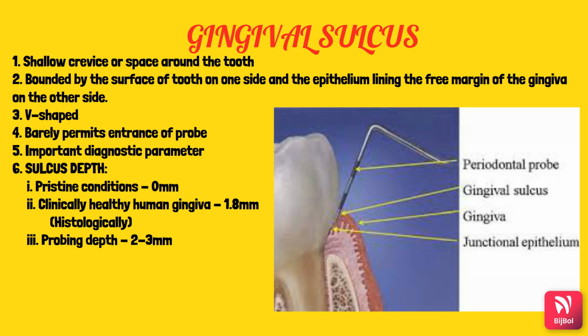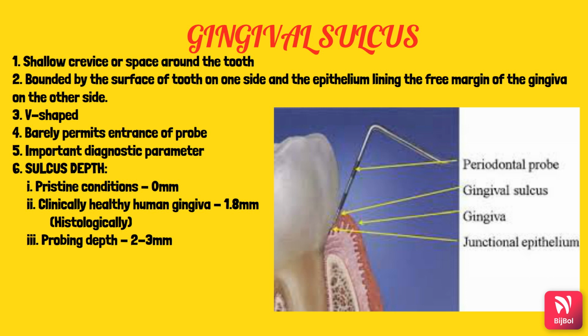Now, the gingival sulcus depth is a very important diagnostic parameter. How do you take the sulcus depth? We take a metallic instrument, that is a periodontal probe, and pass it into the gingival sulcus, and whatever depth we are recording is called the sulcus depth. In pristine conditions, that is in germ-free conditions or in microbiologically sterile animals, there will be no sulcus depth.